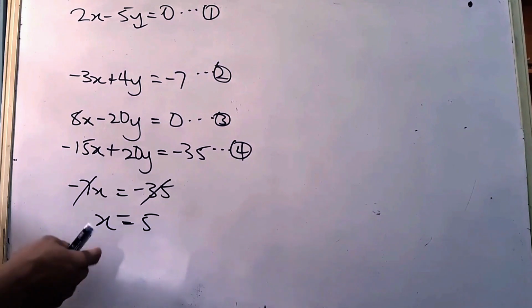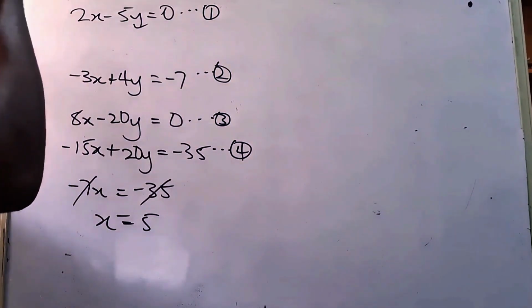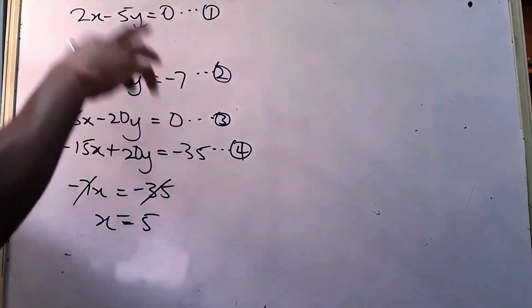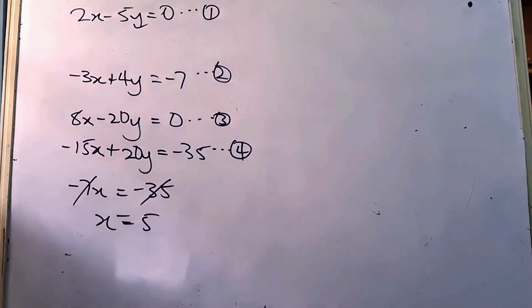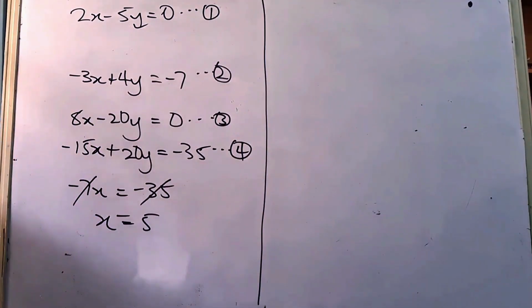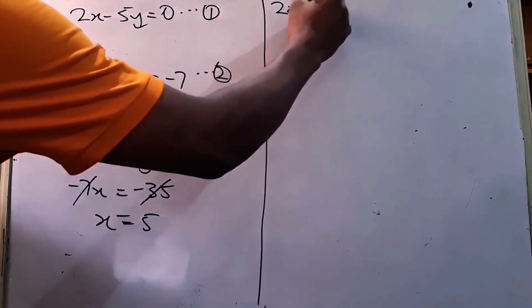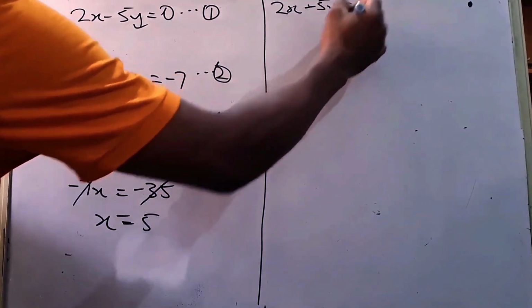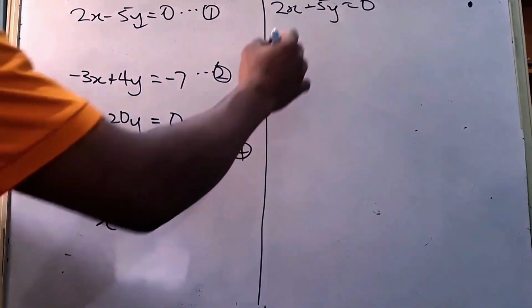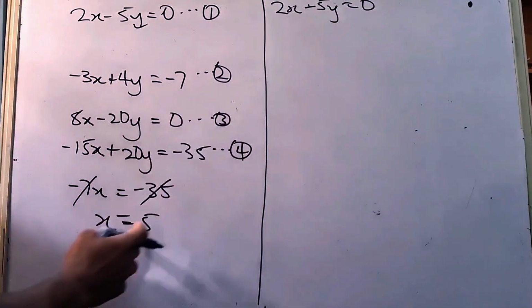Since x is equal to 5, we take it and substitute it in any of the equations. I choose equation 1. I'll substitute it back into equation 1. In equation 1, we have 2x minus 5y is equal to 0. So I have 2x, x is 5.